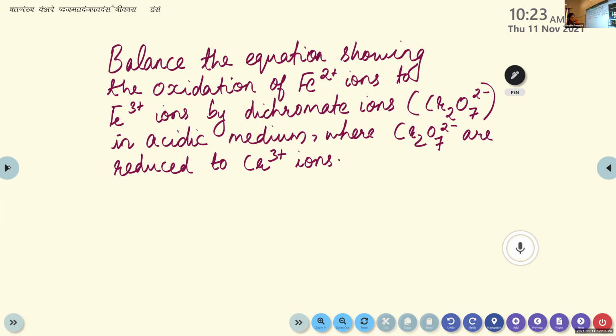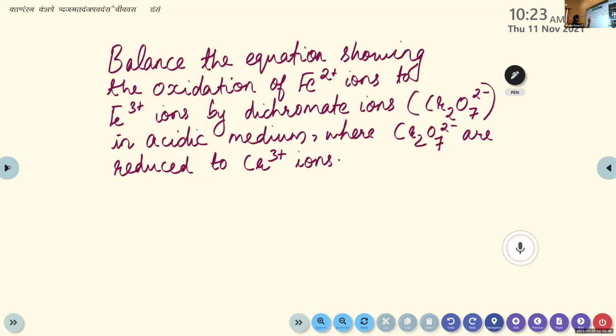So it's an example for redox reaction because both oxidation and reduction take place, right? Oxidation of Fe2 plus ions to Fe3 plus ions and the reduction of Cr2O7 2 minus to Cr3 plus ions. So first we will write the redox reaction together. Then we will split the redox reaction into two half reactions. Okay. So shall we start?